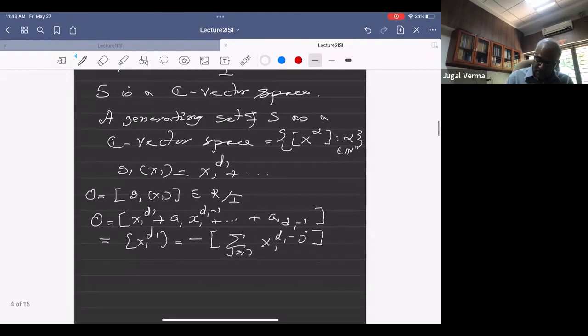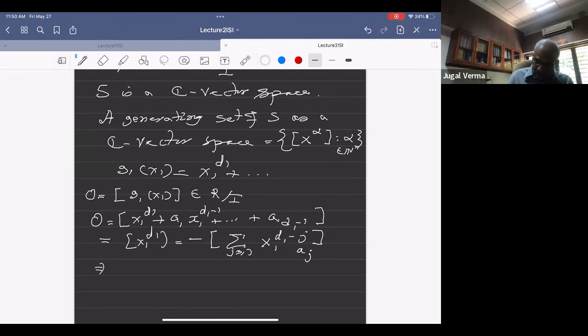So the residue class of x1^d1 can be expressed in terms of residue classes of the lower degree monomials. This we can do for every power of x1 bigger than d1.